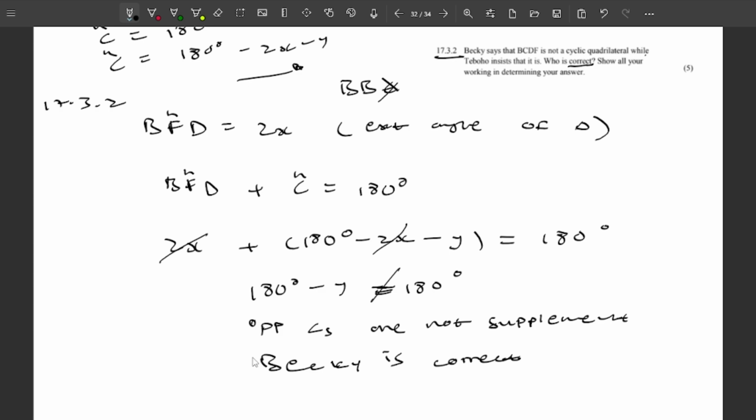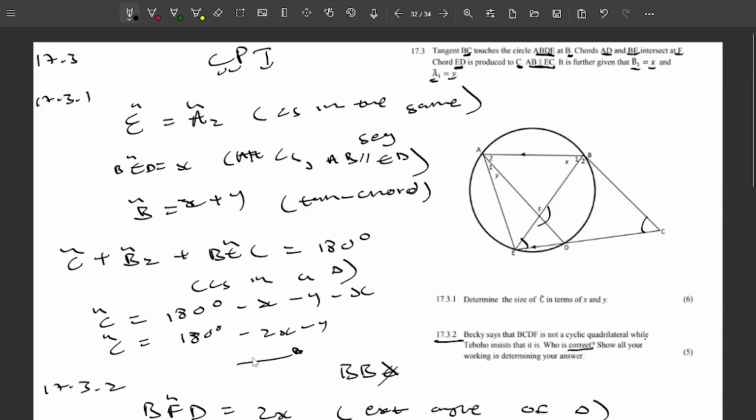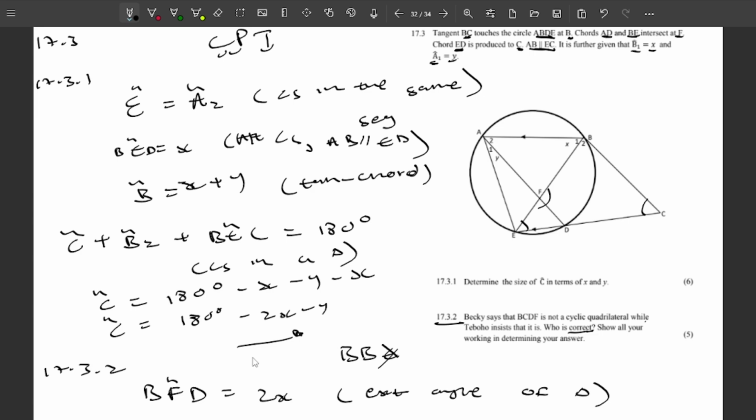Now the other way that we are going to do it is, since we know that A2 is equal to x, since it's proven above, we're going to say x here. Now we're going to look for this one here, which is going to be what? 180, the sum of angles in a triangle. Let me show you guys.